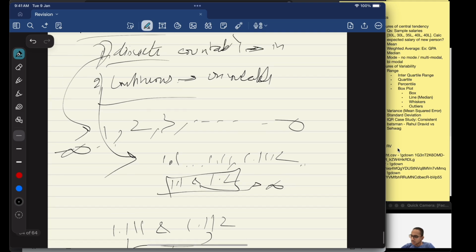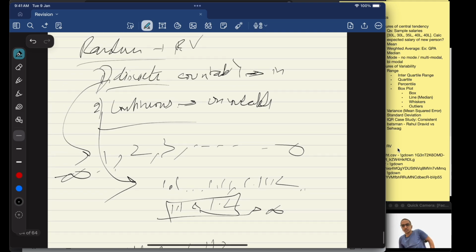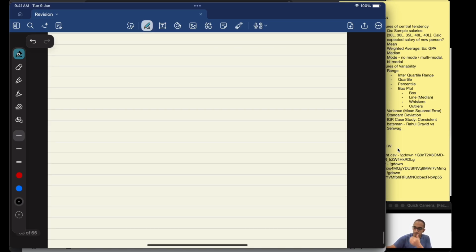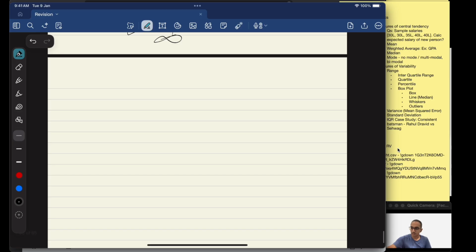So basically that's the point. To give you an example of discrete random variables, the best example is coin toss, right? What is the set of outcomes here? You will have a head and a tail, just two of them.